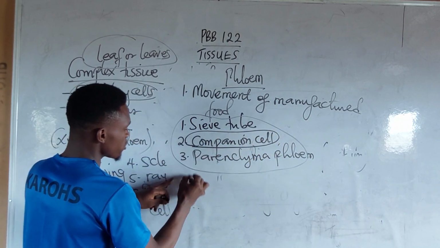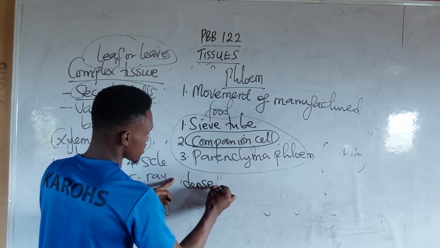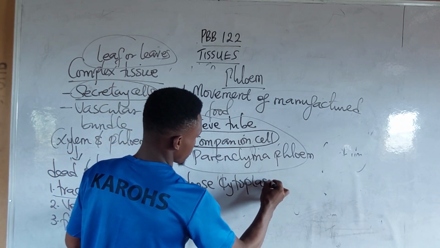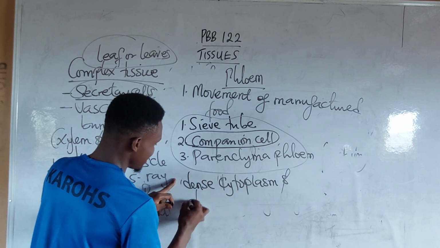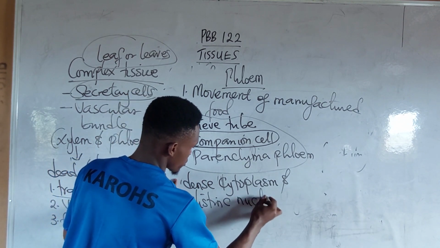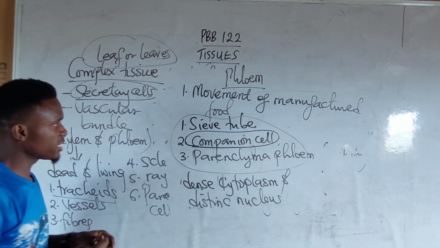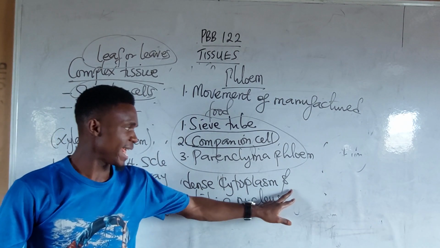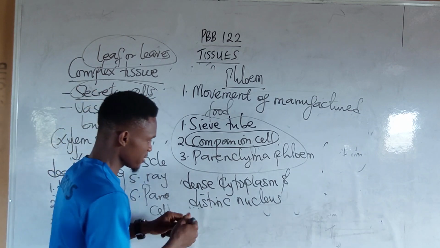Now, the companion cell, take note of this. The companion cell is made up of dense cytoplasm and a distinct nucleus. Please take note of that.